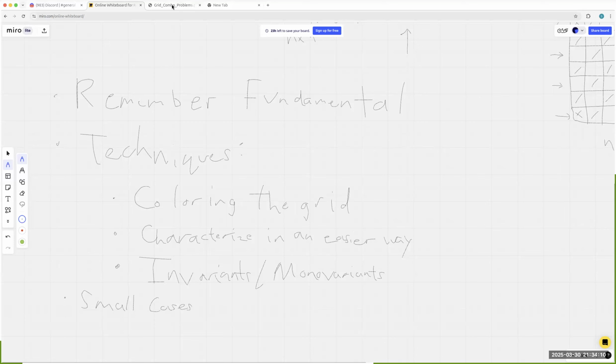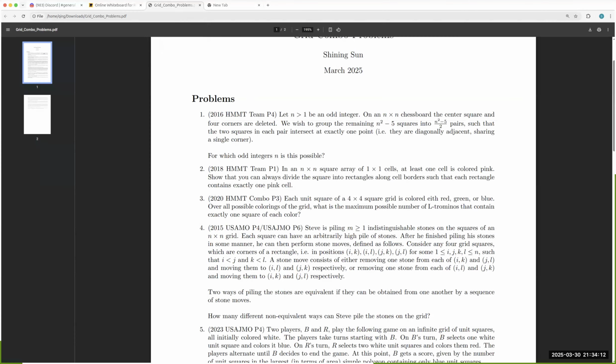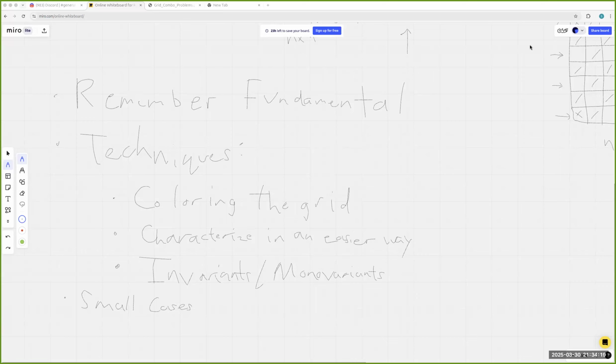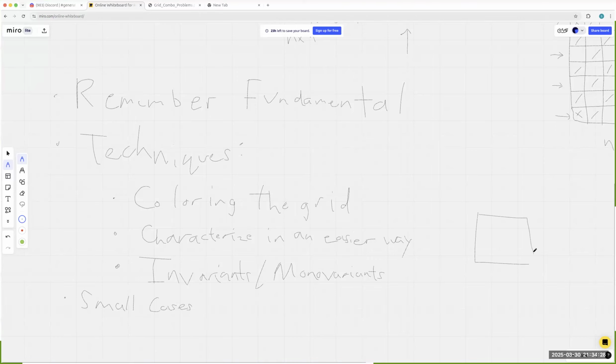And also analyzing the problem: what doesn't change, like the invariance. For example, in the L tile problem, what can I do to simplify what I'm looking for? L tiles are annoying, but squares aren't.